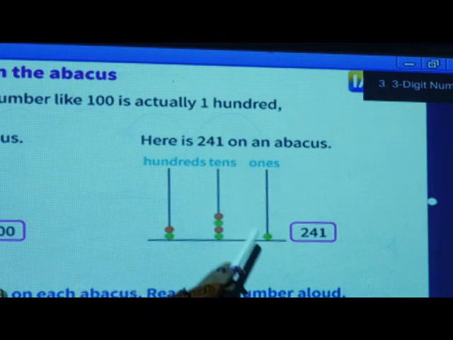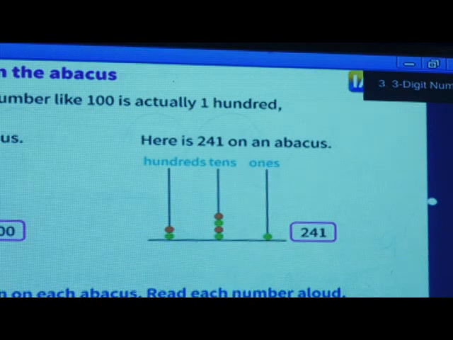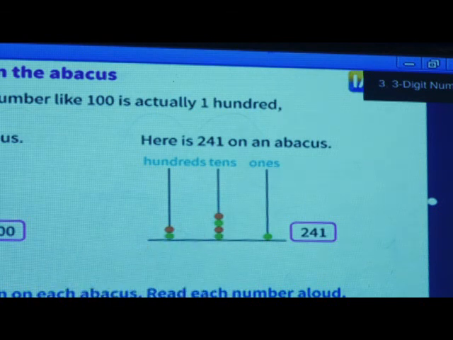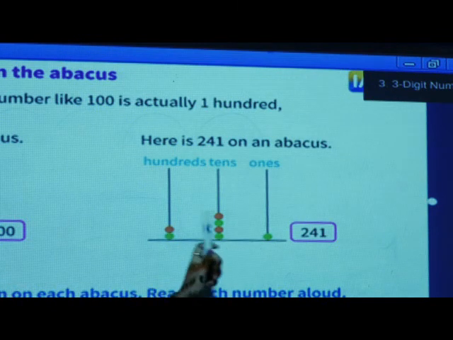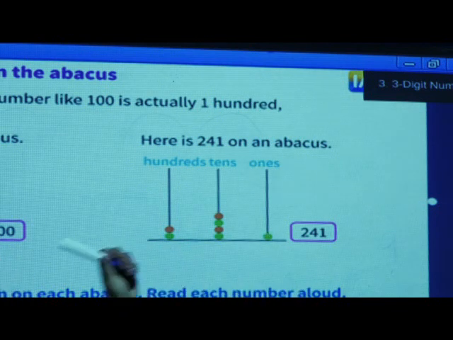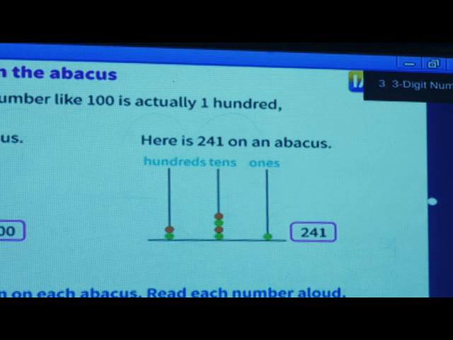Then in the ones column, 1. Yes. So now 3-digit numbers have hundreds, tens, ones. Before this we studied 2-digit numbers, which had only tens and ones. Now in 3-digit numbers we are studying hundreds, tens, ones. So 2, 4, 1 means 241. In this way you should write the abacus number.